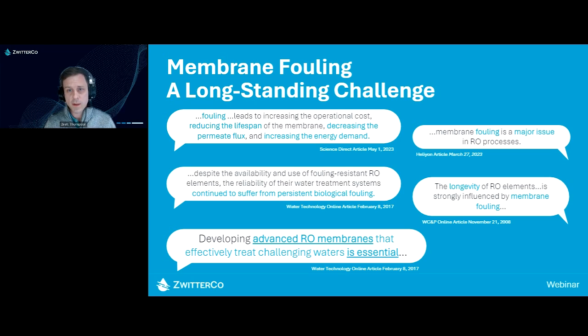There are products on the market already for low fouling and fouling resistant membranes, but many of these are traditionally just standard polyamide RO membranes that have been treated or coated with a secondary chemical that gives us some anti-fouling properties, or have feed spacers that allow for different hydraulics through the feed channel of the membrane that help minimize the effects of fouling. But even with these developments, we've seen that irreversible organic fouling still occurs, especially with landfill leachate, and they don't necessarily reduce the operating expenses over a standard RO membrane.